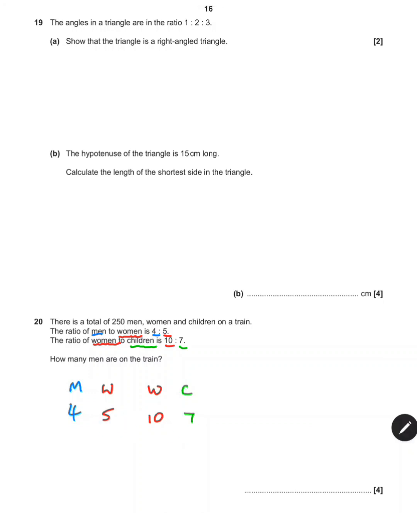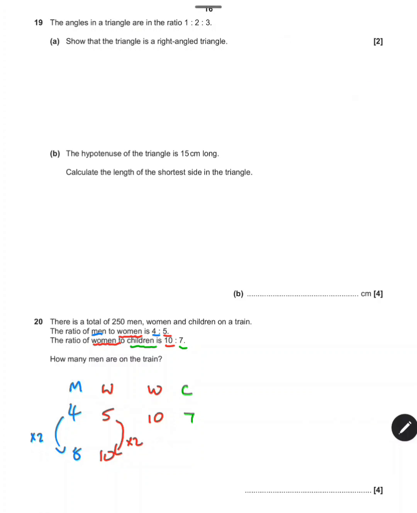So these are 2 separate ratios. What we're going to try and do is combine these into one 3-part ratio. If I double this ratio, I can see that I've matched up the women part of both ratios, 8 to 10 for women and 10 to 7, 10 again for women.